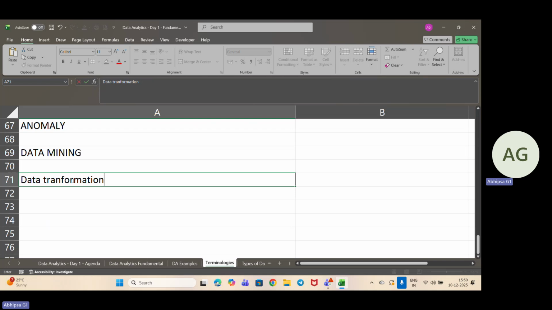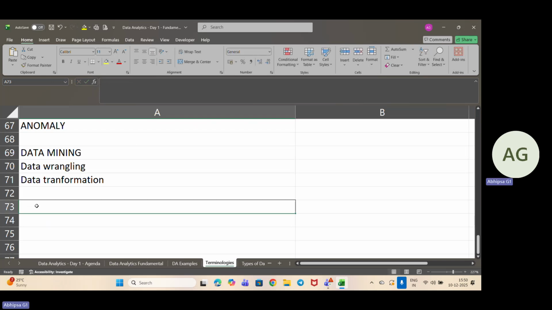Next is normalization. Before that we have done data wrangling, and finally we have normalization. So what is normalization? It's like making all the numbers be on a similar scale. Once you have a data set, suppose you have the height and the weight.